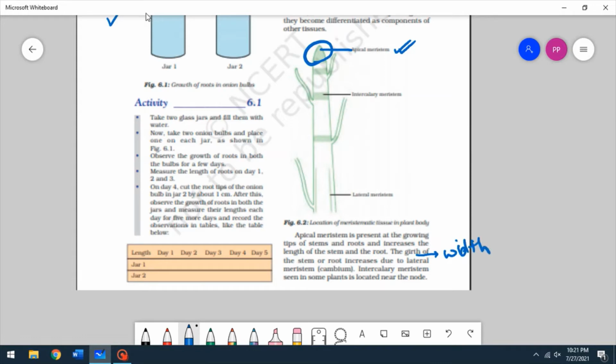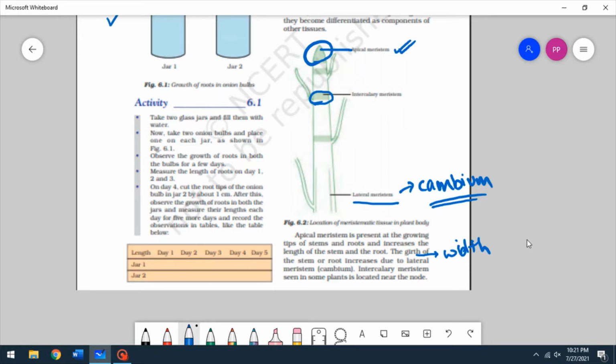That is increased by the lateral meristem, and it's commonly seen as cambium. You're probably familiar with this. Rather than lateral meristem, we usually hear cambium more often. And intercalary meristem is seen in some plants, and it is located near the nodes of the plants. So this is where intercalary meristem is present.